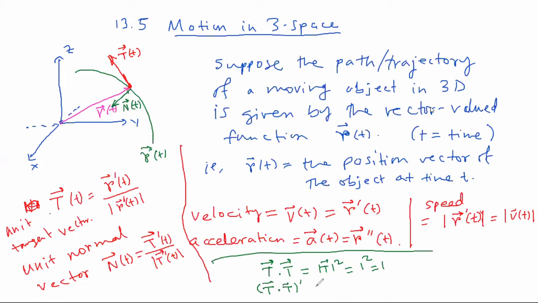Now let's use the rule for the dot product: it's T prime dot T plus T dot T prime. But those are the same thing because the dot product is commutative, so this is just 2 T dot T prime. So that is 0. That means T dot T prime is 0, so they are perpendicular. T is perpendicular to T prime.